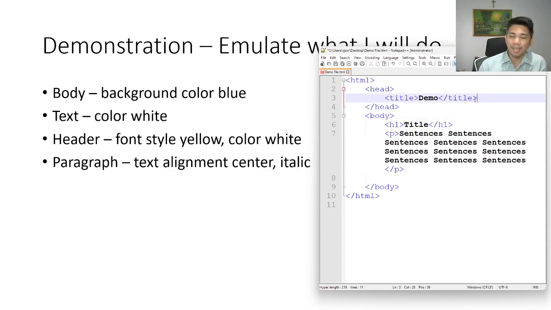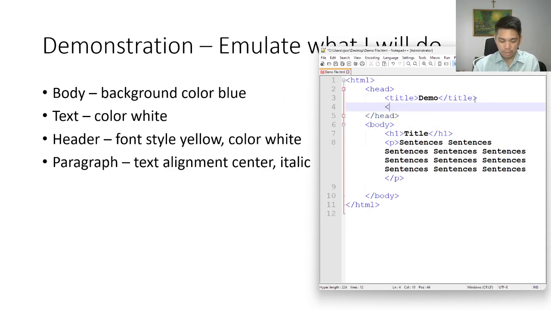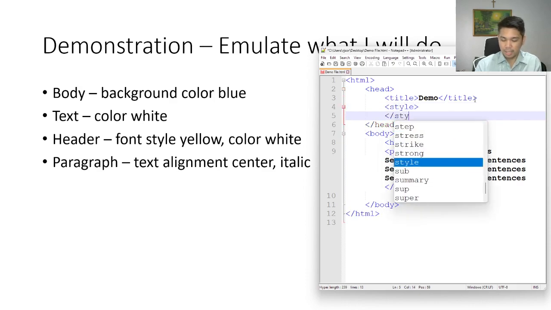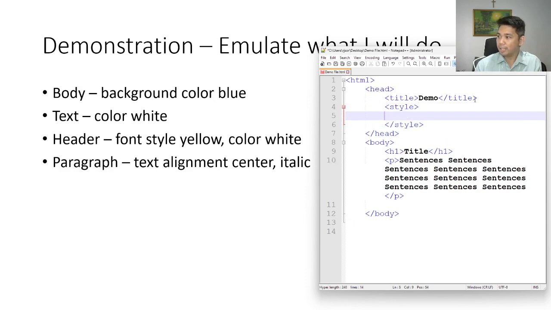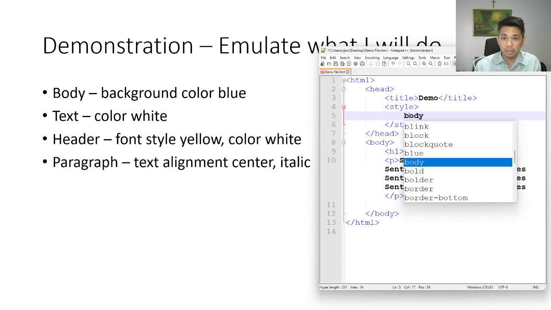So inside the head, we will now use the tag style. And then it has a partner slash style. Inside, we will create our selector. So again, the selector is the tag that will have a style. Since we are going to put properties for the body tag, our selector will be the body.